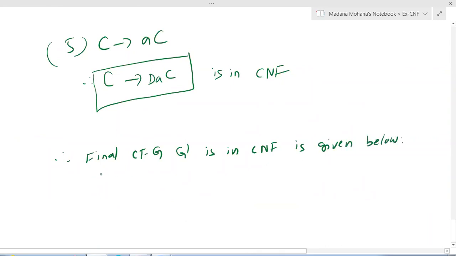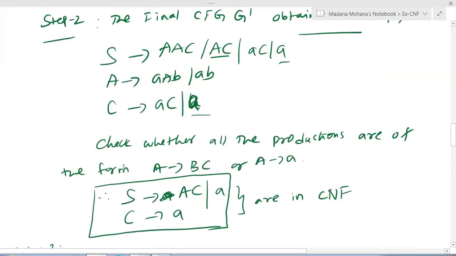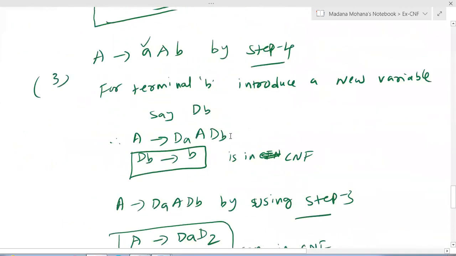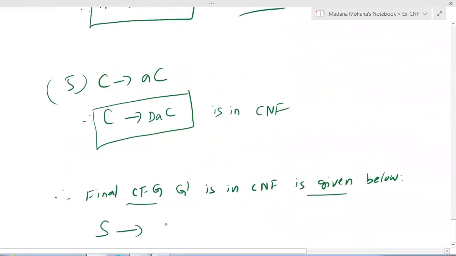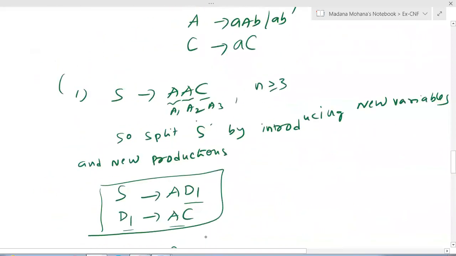Now you can combine all common starting variable productions. No need to take multiple types. First take S derives. The original productions are variable A, variable C or terminal A. That means AC or A. Now what are the new productions of S that you can add here?